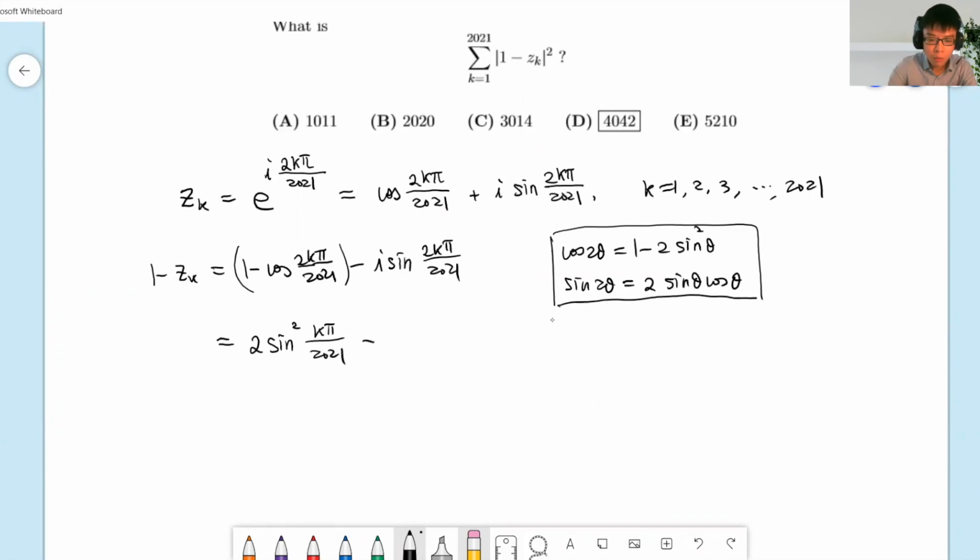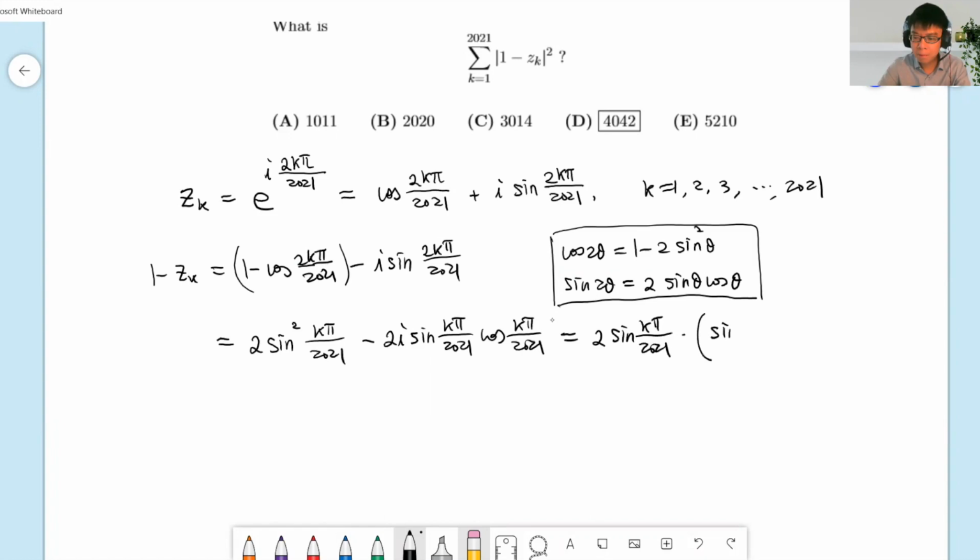And the second one is minus twice I sine k pi over 2021 cosine k pi over 2021. Now we can factor twice sine k pi over 2021. This is going to be twice sine k pi over 2021 times sine k pi over 2021 minus I cosine k pi over 2021.